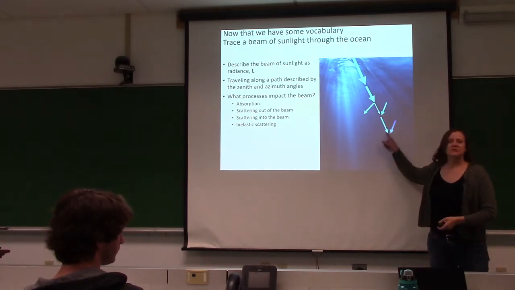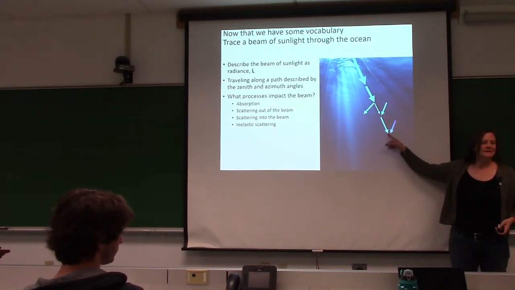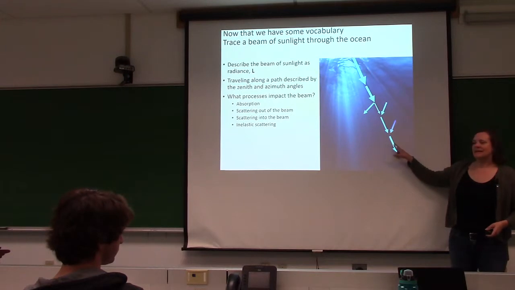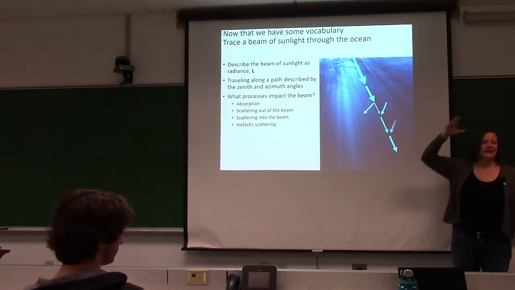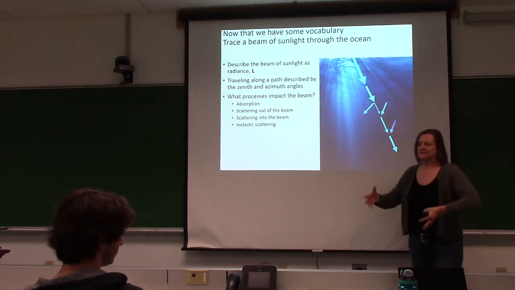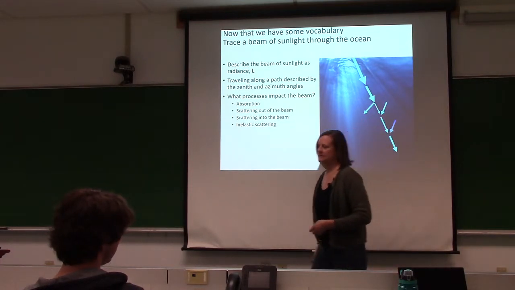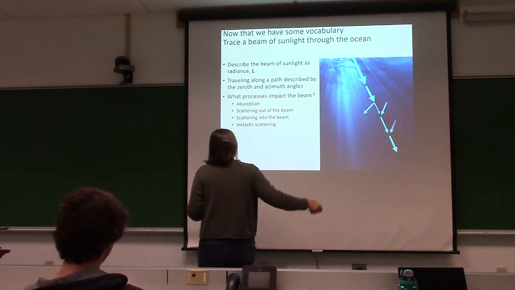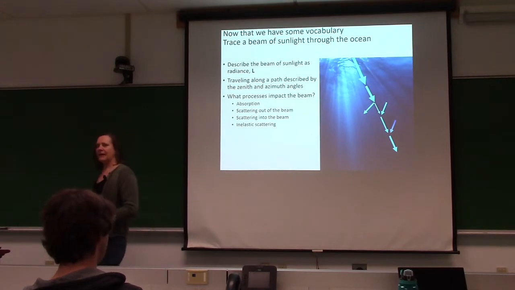And that is going to do what? It's going to add into that wavelength. So it's taking energy from one wavelength and adding it into the other wavelength. Okay. So you can see that it's kind of complicated.